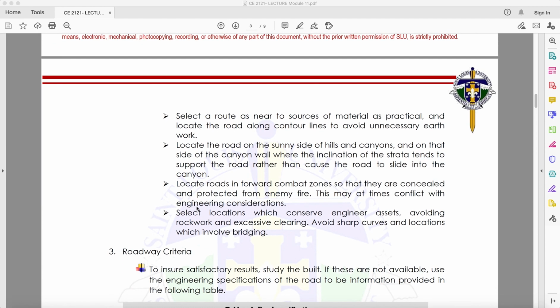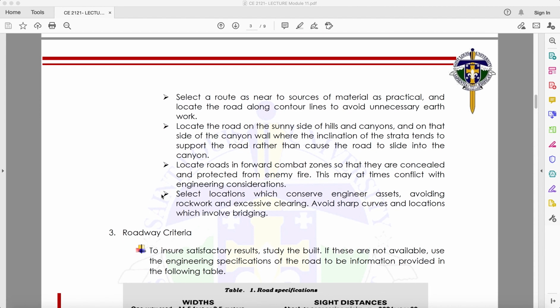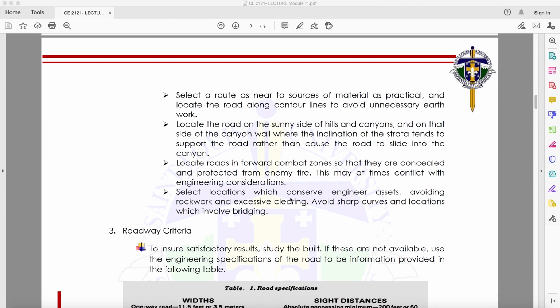But there will be times that it will be in conflict with engineering considerations because of strategic reasons. Next, select locations which conserve engineer assets. Avoid rock work and excessive clearing.